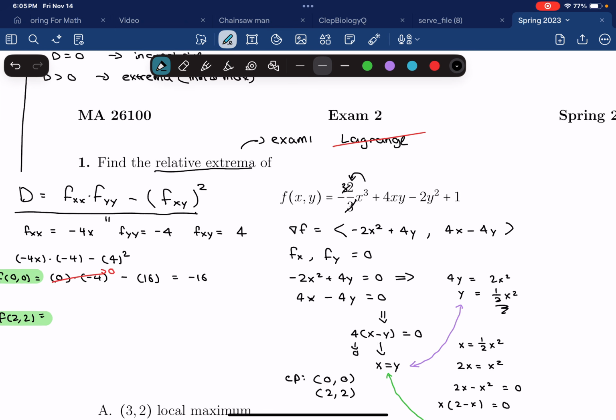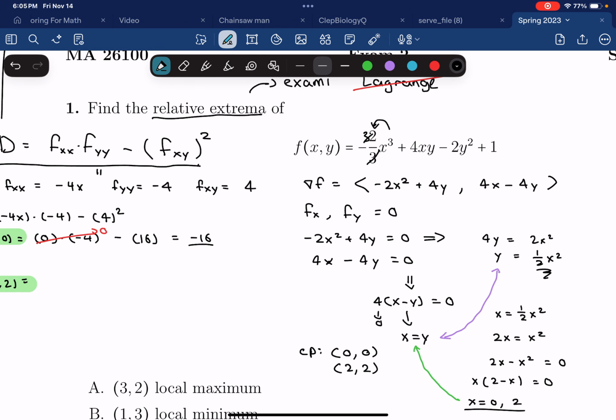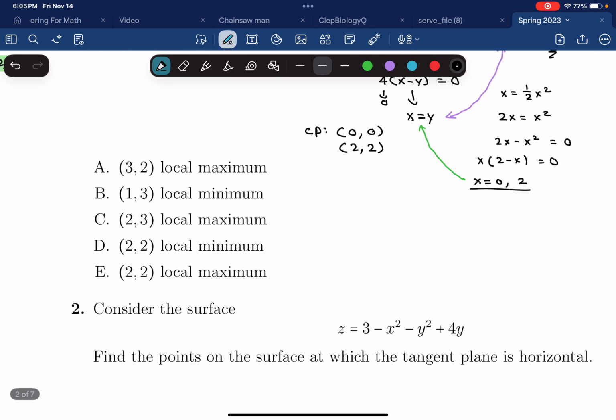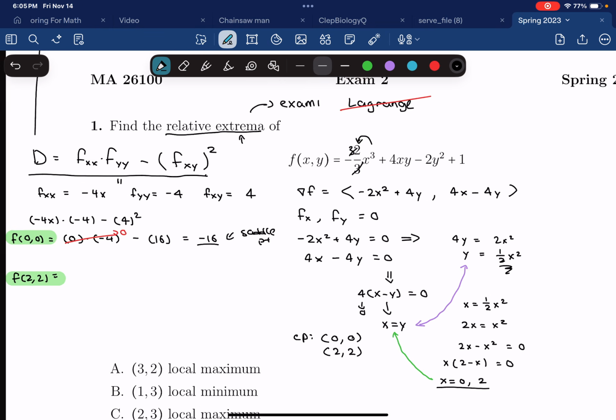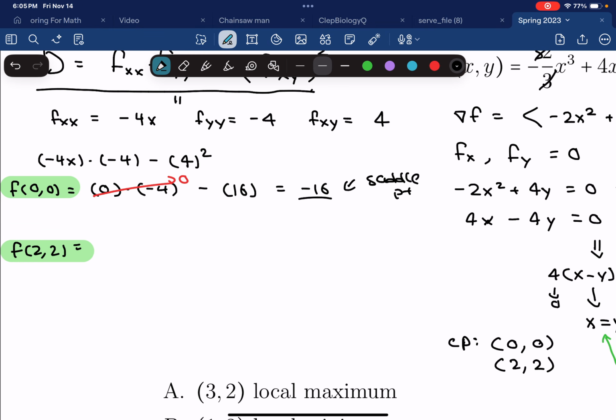Okay, so in this case, we see it's less than 0, so we know that's just a saddle point, and saddle points are not relative extrema, so you don't even need to know that. And so if you plug it into (2, 2), you get negative 4 times 2 times negative 4 minus 16.